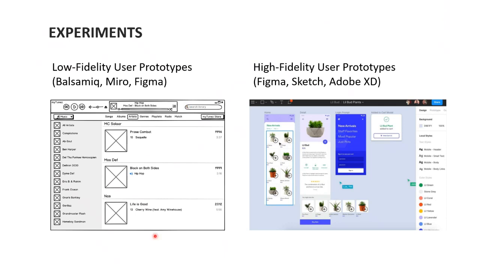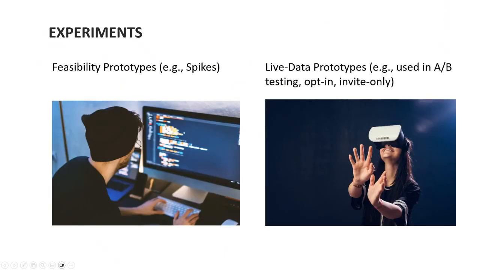The last two types of prototypes are feasibility prototypes. A feasibility prototype tests risk related to technology. This may be, for example, a spike that you may know from agile approaches. We want to test if the technology is reliable, if we can create a specific algorithm, or if we can integrate with an external system.